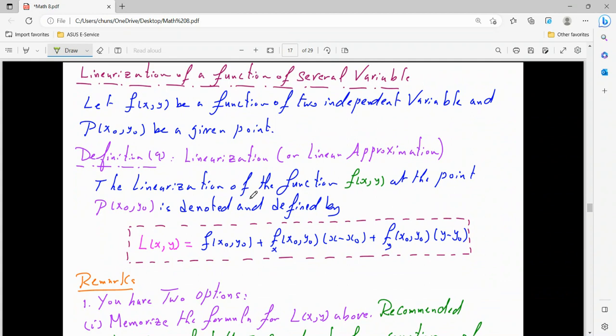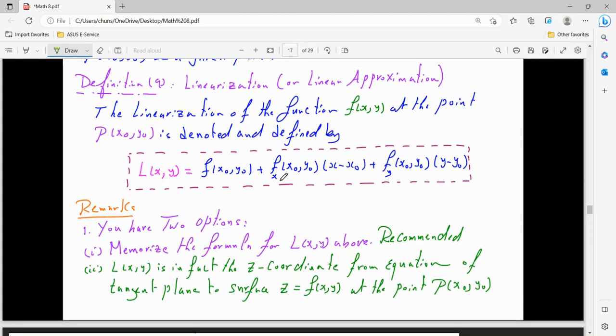So next we're going to talk about linearization of several variable functions. It's similar to linear approximation that we did in Calculus 2, and we're going to be using this main equation here.